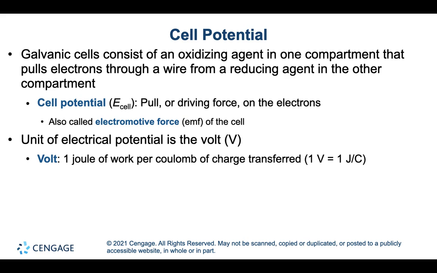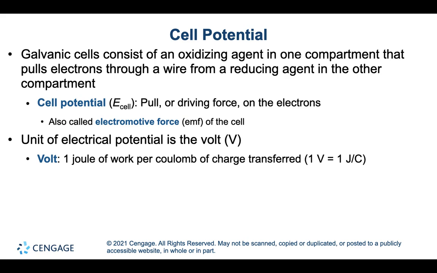Now, the relationship between the unit in physics called the volt and the work that can be done by the electrons is that a volt of electromotive force, 1 volt, is capable of doing a joule of work if a coulomb of electric charge is moved from one side to the other. So it does a joule of work, a joule is an energy unit, for a coulomb of charge.